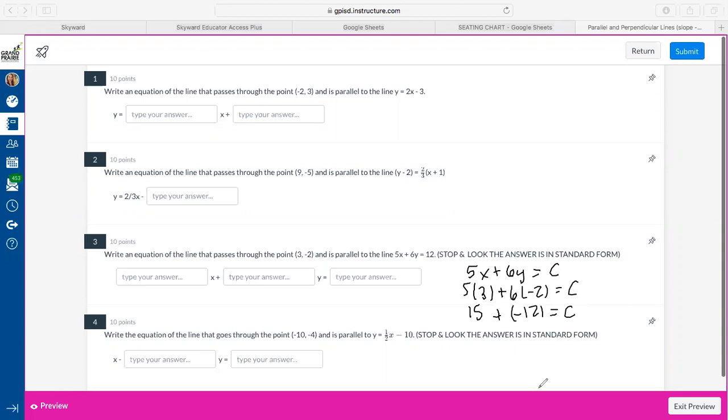What'd y'all get for C? 3, yeah. So 3 equals C. So you subtract? Yeah, 15 plus -12 is like 15 minus 12. And then we carry 3, because 5x plus 6y equals 3.